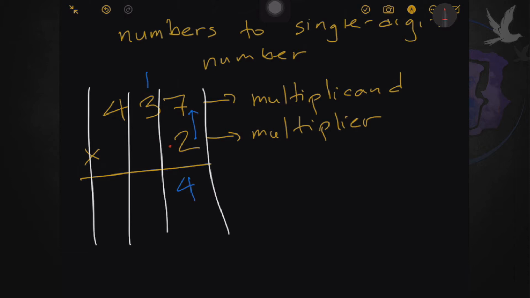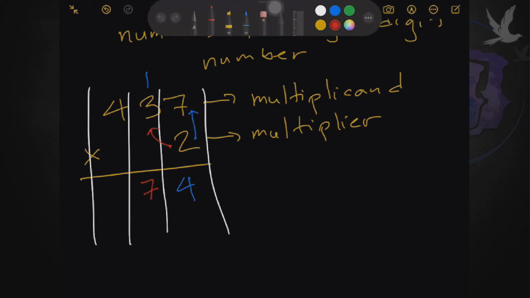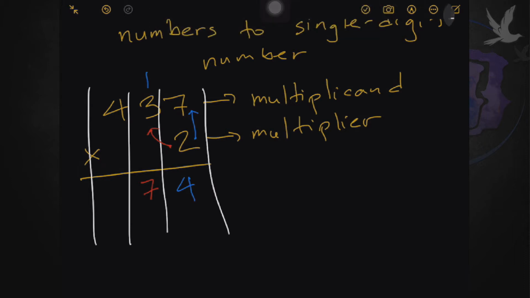The next is 2 times 3. We move to the next number. 2 times 3 will basically give you 6. 6 plus 1 will give you 7. And going to the next value, we have 2 times 4. We don't have any carryovers here. 2 times 4 will basically give you 8.